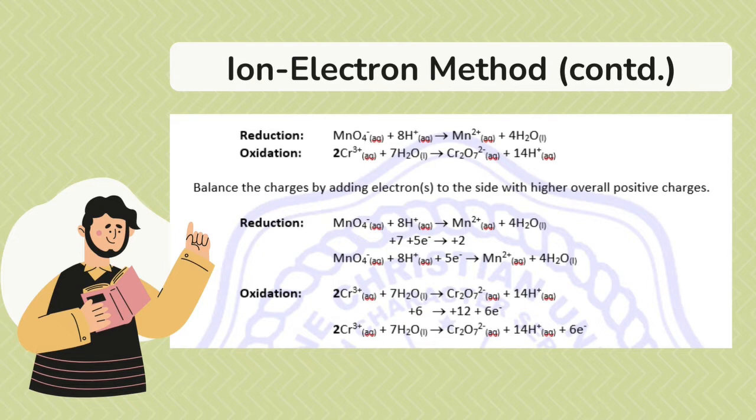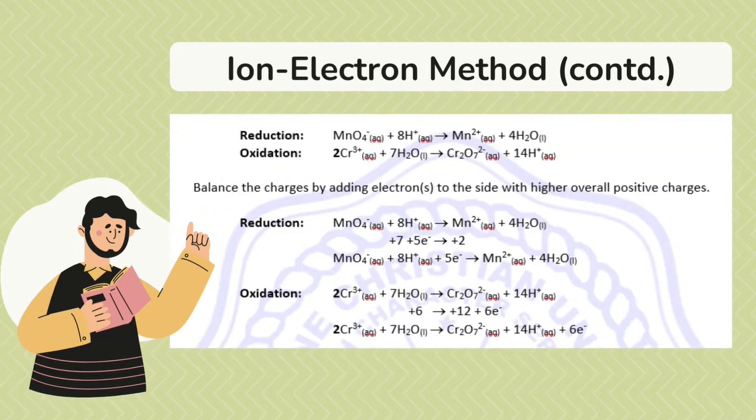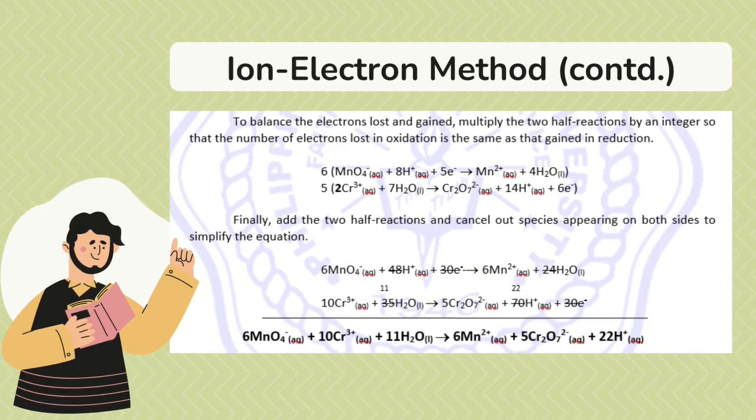Okay, so right after that, in order for us to balance it, we're going to place here 6 and 5. To balance the electrons lost and gained, multiply the two half reactions by an integer so that the number of electrons lost in oxidation is the same as the number gained in reduction.